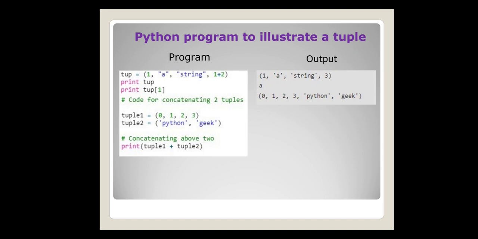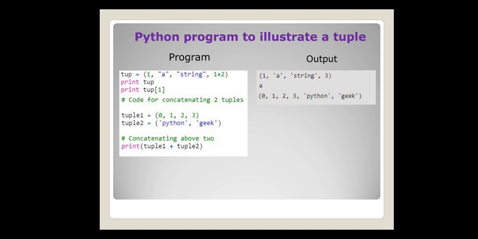If you want to print the whole tuple, you just need to specify the tuple name. So print tup, it will directly print the elements from the tuple. If you want to print any single element from the tuple, you just need to specify its index number. Here I am taking index number 1, that's why it prints a.